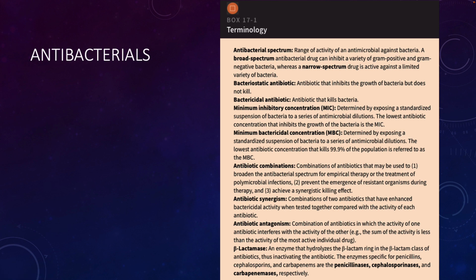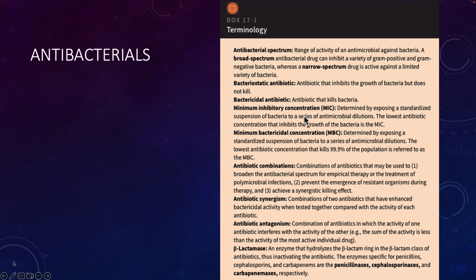We even have some drugs that only work against one genus. So we can get pretty narrow. We have bacteriostatic and bactericidal. Bacteriostatic inhibits the growth. Bactericidal kills. And sometimes bacteriostatic is just fine because as long as the bacteria aren't growing, that allows your immune system to come in and clear the infection.